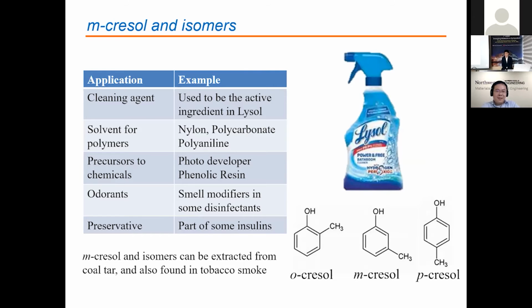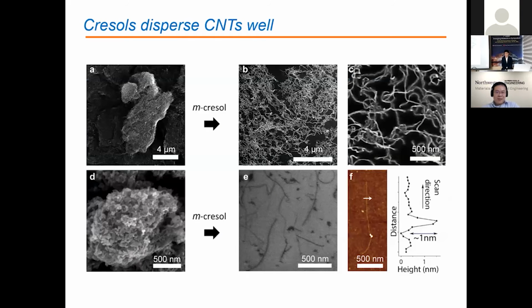So here's just a quick show of the results: you can disperse powders of heavily aggregated multi-wall and single-wall nanotubes in m-cresol. And you can do this by the typical lab technique, like probe sonication, or if you want to scale this up, you can use shear mixing, which also seems to disperse them pretty well.